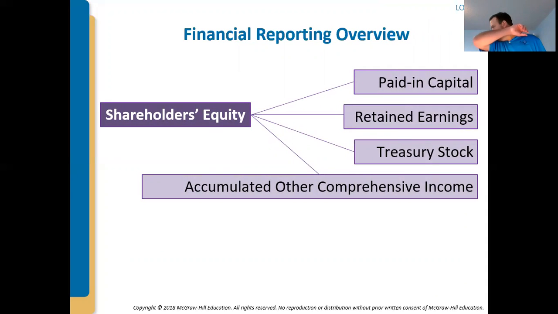So shareholders' equity has those main components: paid in capital, retained earnings, treasury stock, and accumulated other comprehensive income.